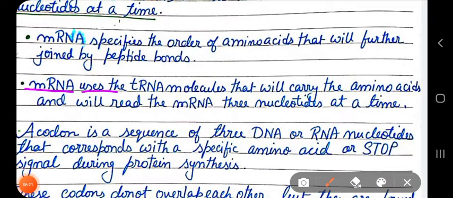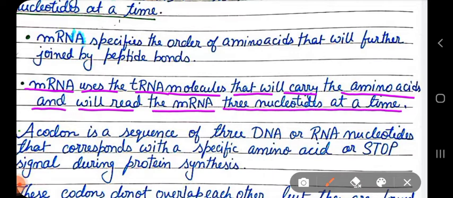The mRNA also uses tRNA molecules which carry the amino acids and read the mRNA 3 nucleotides at a time. The tRNA carries a specific amino acid, and it reads the mRNA sequence in 3 nucleotides at a time, which is known as a codon. The tRNA has an anticodon.